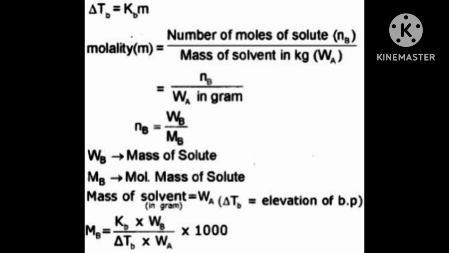When you write the relative lowering of vapor pressure, (P1 naught minus P1) divided by P1 naught, P1 naught is there in the denominator, and in the numerator it is P1 naught minus P1.